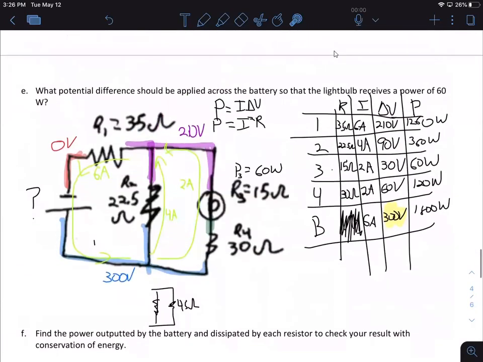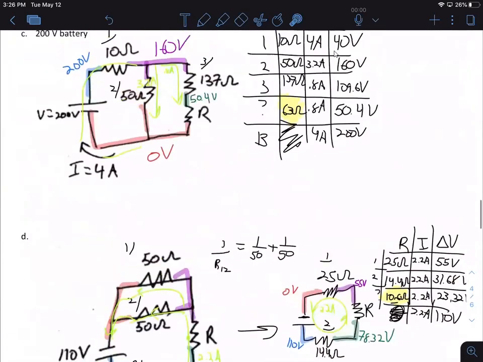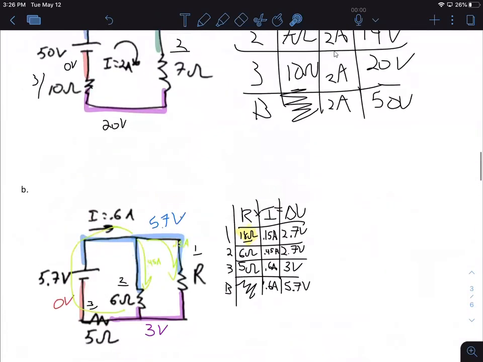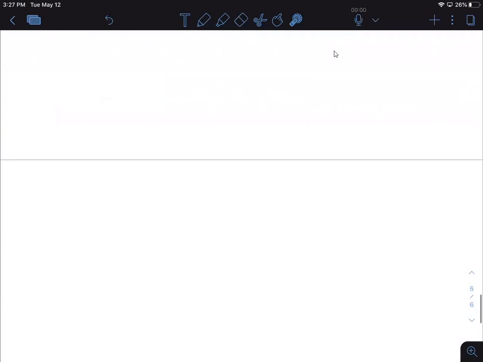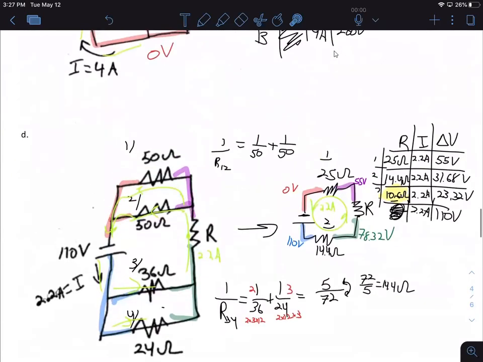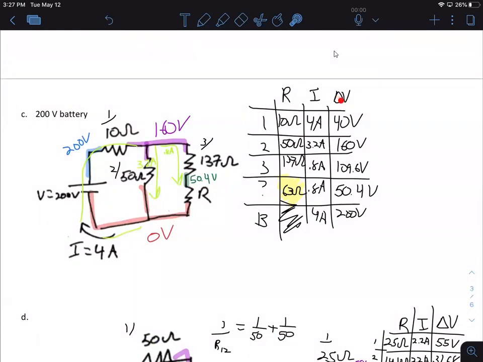Our math worked out, so you can do that for any problem. And all of these problems, I could have done the power column and used that to check that I did everything correctly, because that's an easy check. I know everything in the power column has to add up to the power of the battery. All right. Peace.